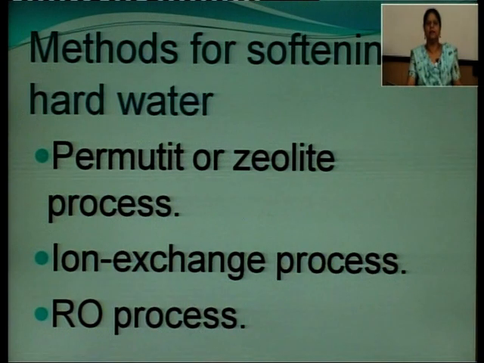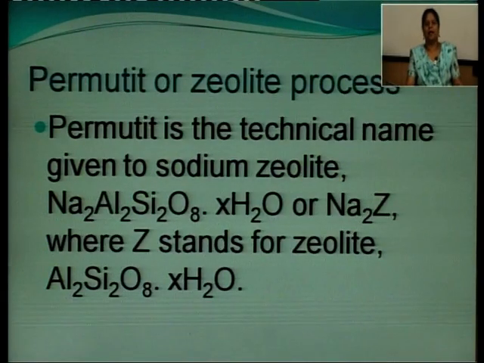To start with, we are dealing with permutit or zeolite process. Permutit is the technical name given to sodium zeolite. The formula for the sodium zeolite is Na2Al2Si2O8·xH2O, meaning the number of moles of water of hydration can vary, and its value may vary from 10 to 14.